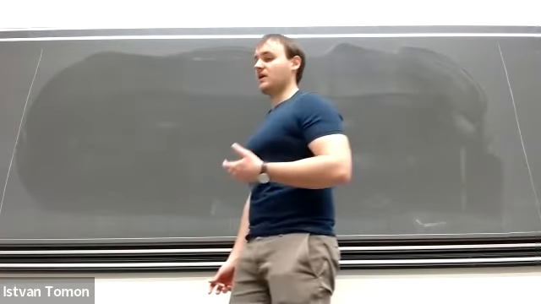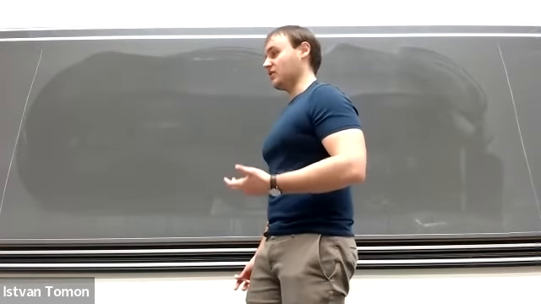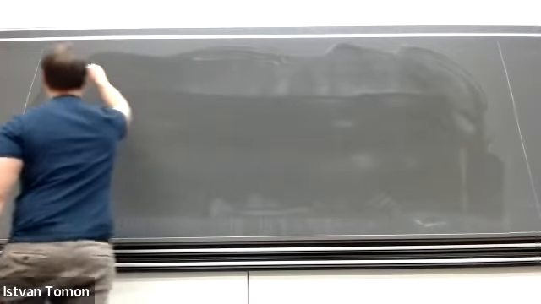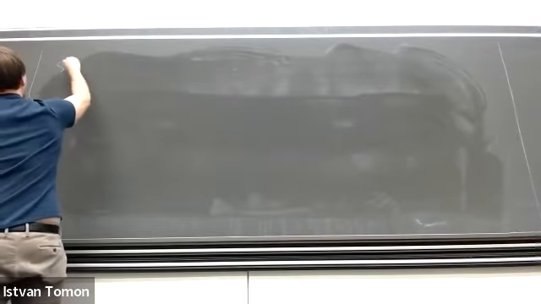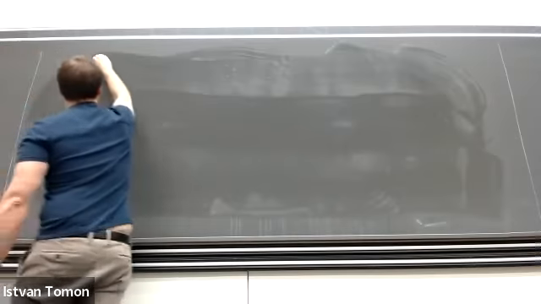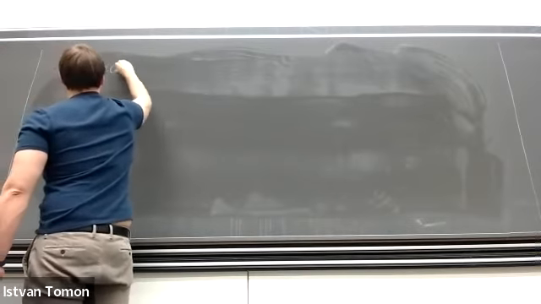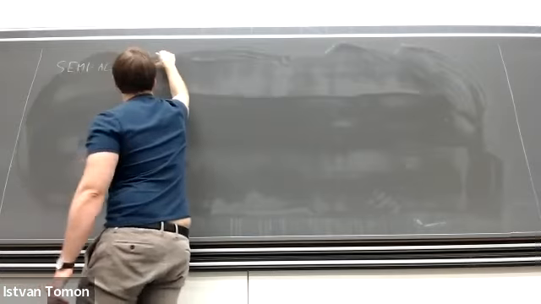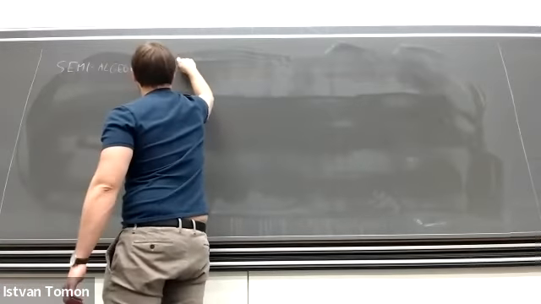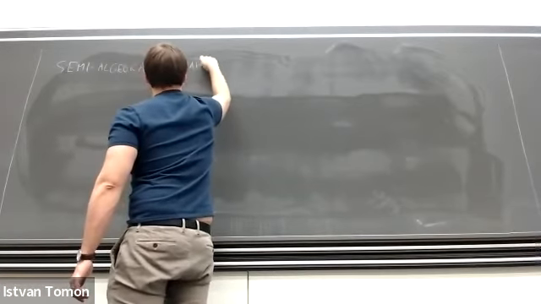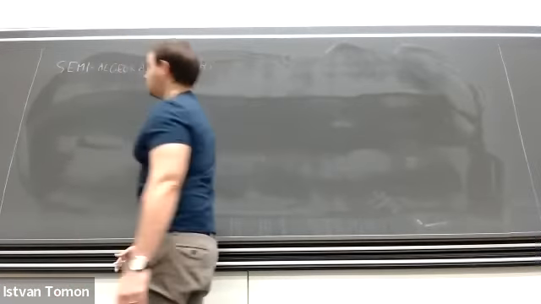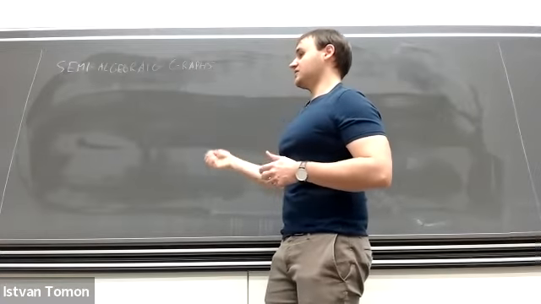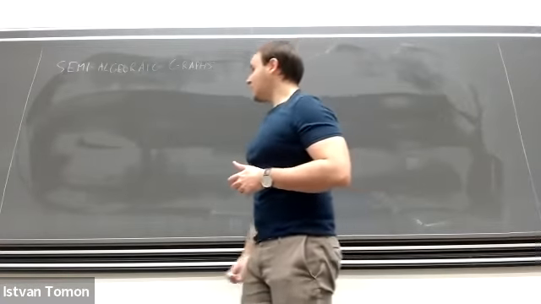There were already several attempts to do this, and this led to, for example, one very interesting family of graphs, which are called semi-algebraic graphs. So let me talk about this. This was introduced in the 2000s.